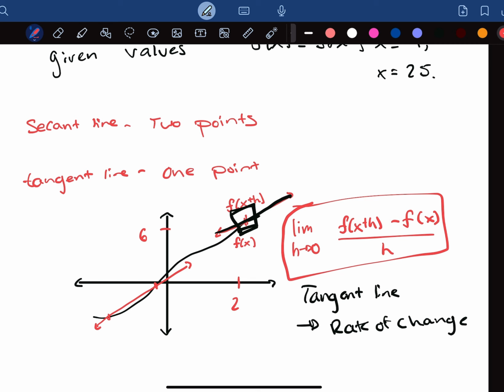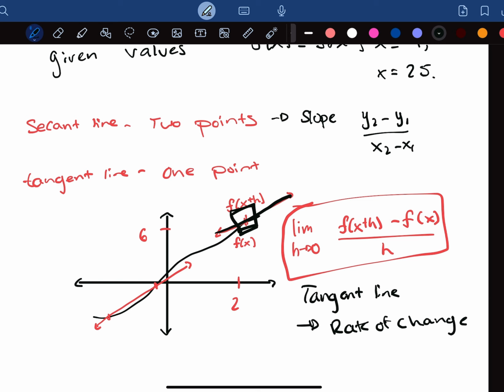So when we're working with a secant line, we're going to use a more normal slope equation, meaning we can just take y2 minus y1 over x2 minus x1, because we aren't working with this abstract idea of h approaching 0, a value that is basically the same as your f of x, just slightly different. You can't take a rate of change with only 1 point, technically.